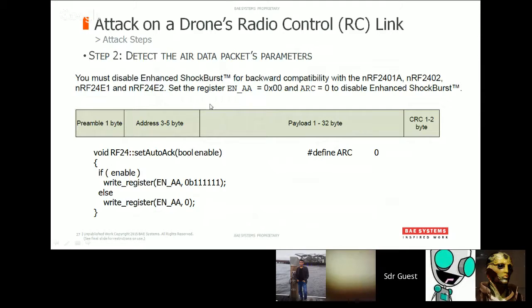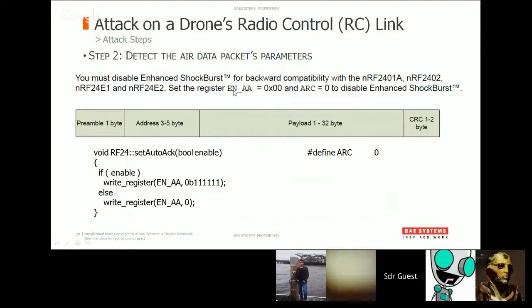So we can disable the enhanced ShockBurst and be compatible with the old ShockBurst data package. The old ShockBurst data package doesn't have the 9-bit control field, so we don't need to worry about missing 1 byte in the address.